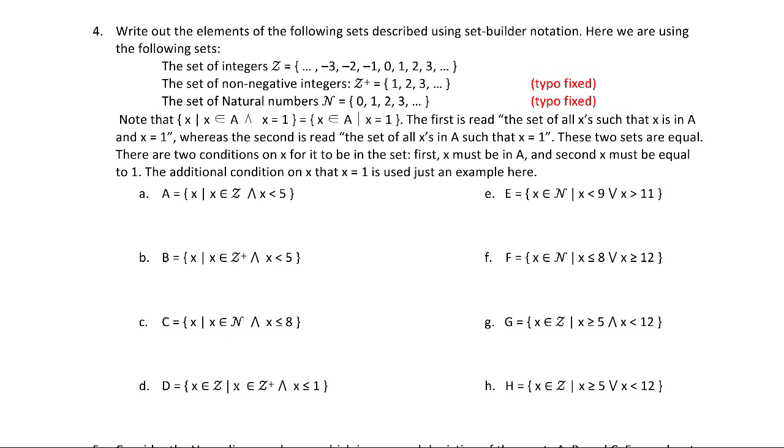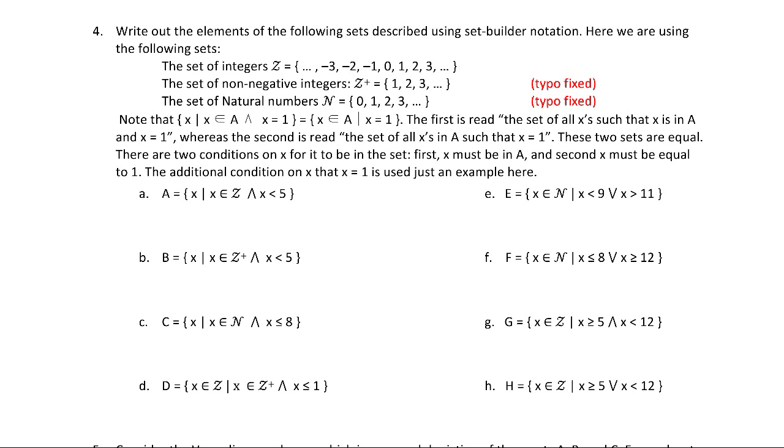And it has a note at the beginning. It says that there's a couple ways of doing set builder notation where you're restricting all the elements under consideration to be elements of a certain set. So on the first statement here I have all those x's such that x is in the set A and x is equal to 1, or whatever the other condition is.